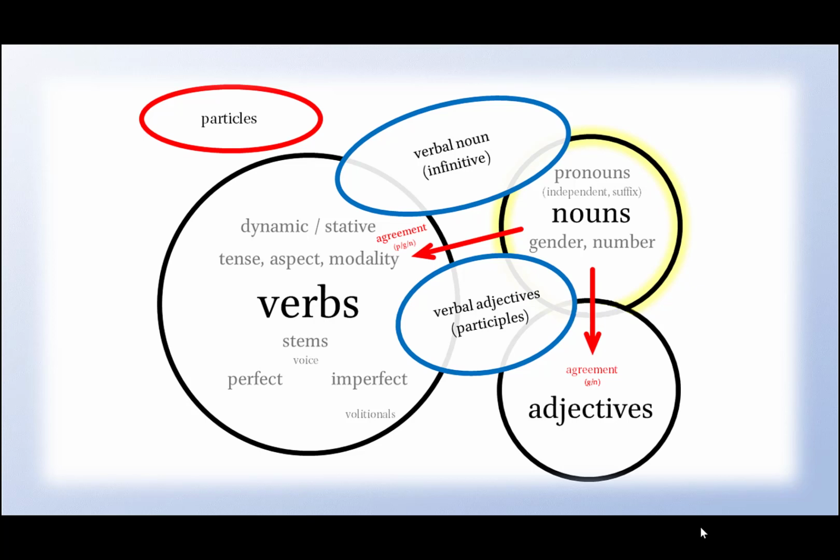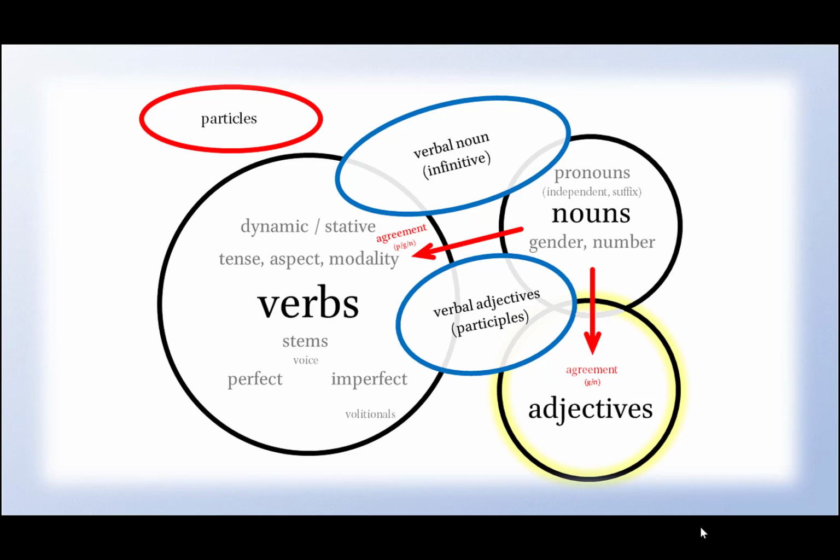Regarding number, nouns in Biblical Aramaic are singular, dual, and plural. We will study more about these details when we talk about nouns. Next, let's discuss adjectives. You can see the red arrow going from the nouns circle over to the adjectives circle.